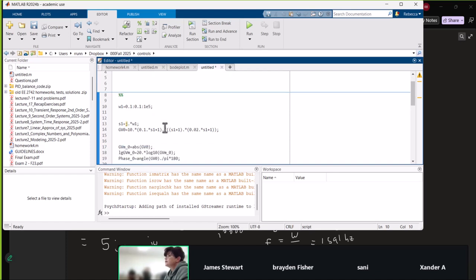Then our transfer function: our numerator was just 1, and we weren't multiplying times anything.